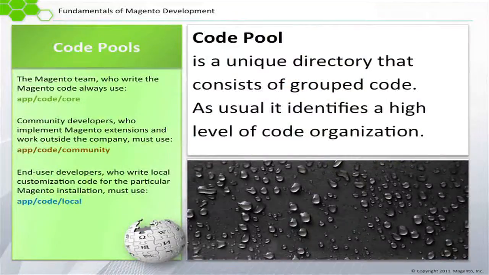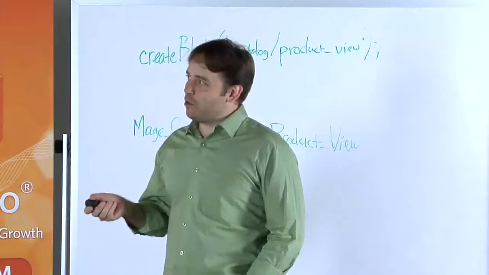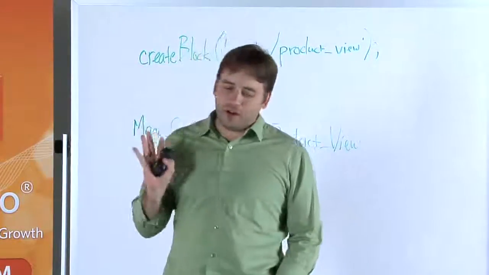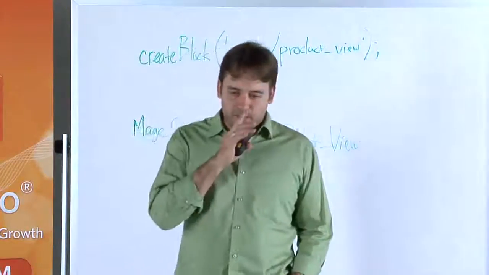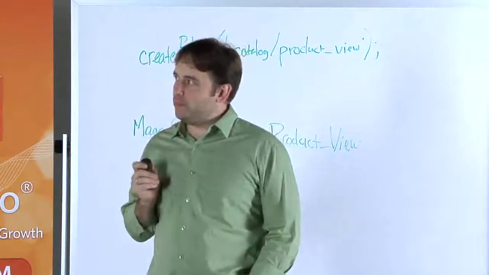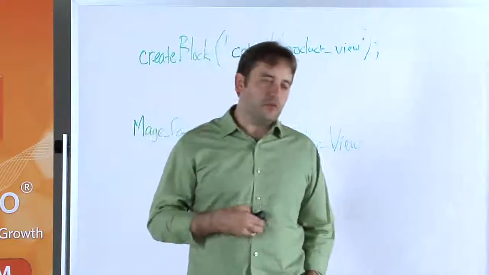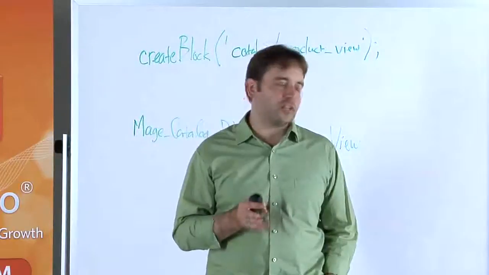All right. So, code pools. A code pool is a unique directory that consists of grouped code. The important thing in Magento, those code pools: core, community, local. The important thing as far as Magento finding your module's configuration is that Magento will look under wherever you set your code pool in your module declaration.